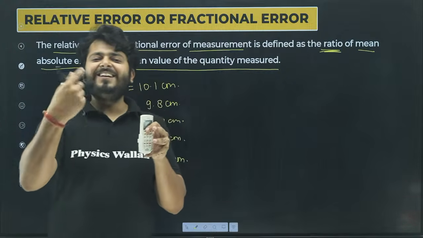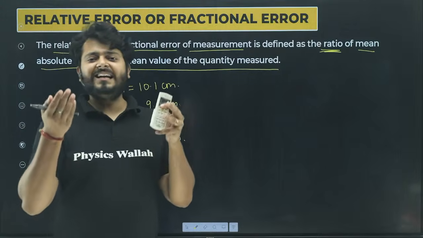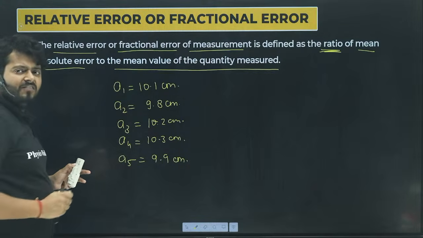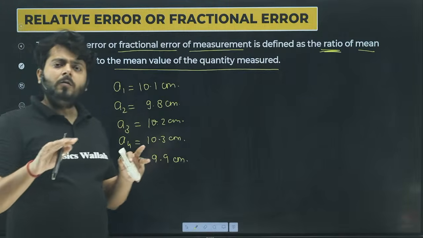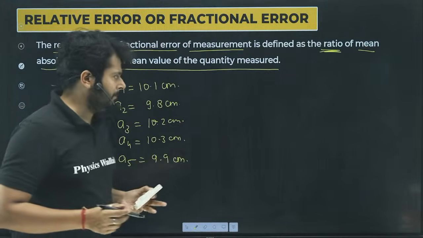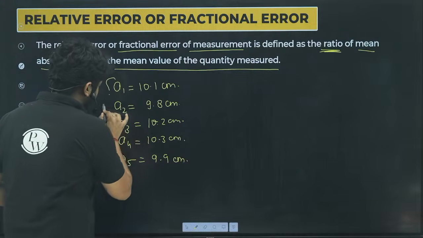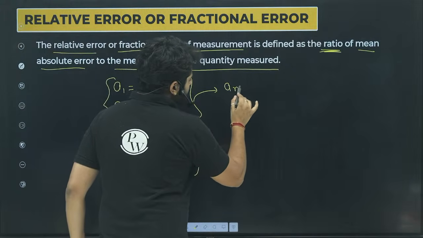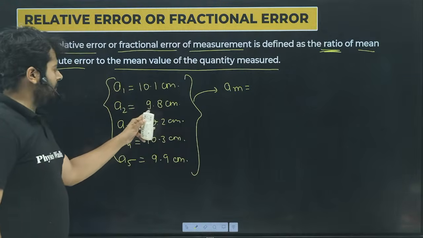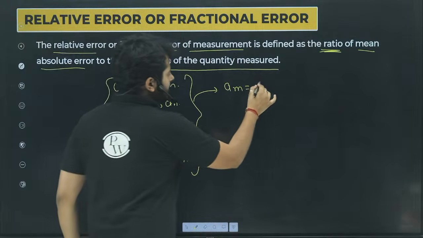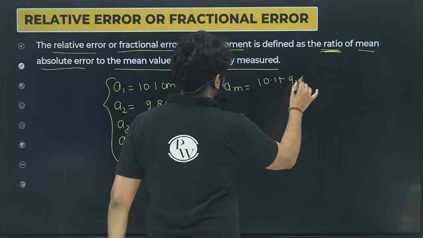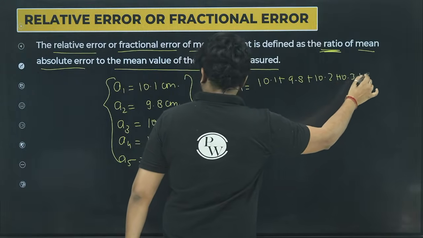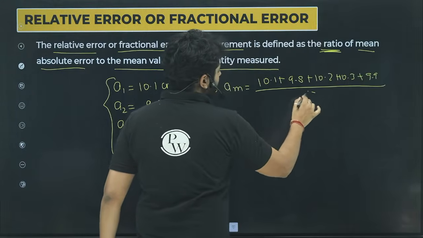When you are going to calculate the error, which value should be taken as the true value? My dear kids, out of all the measurements you have taken, just take the mean of all the measurements. So how will you take the mean? 10.1 plus 9.8 plus 10.2 plus 10.3 plus 9.9, divided by 5, right?